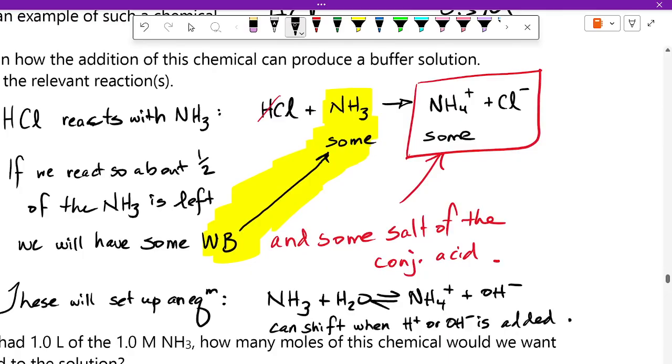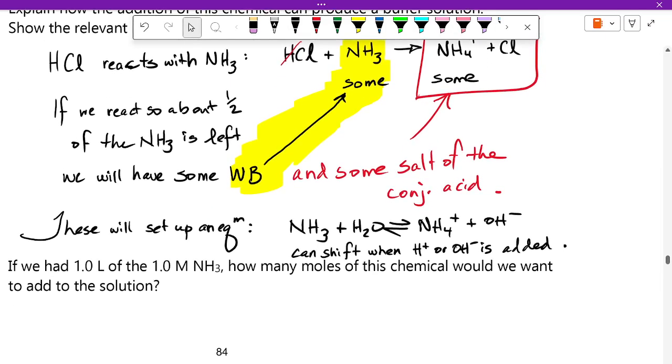Is that good? If we had 1 liter of the 1 molar NH3, how many moles should be added? 0.5 moles of the HCl.